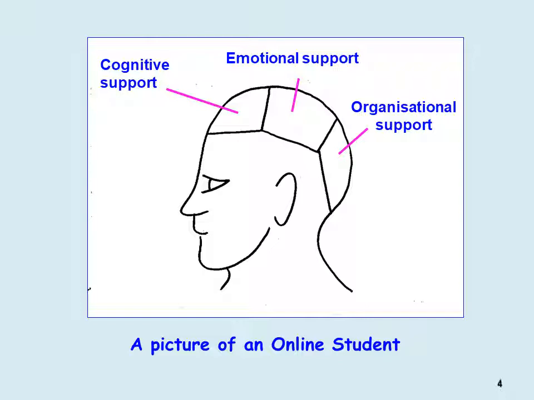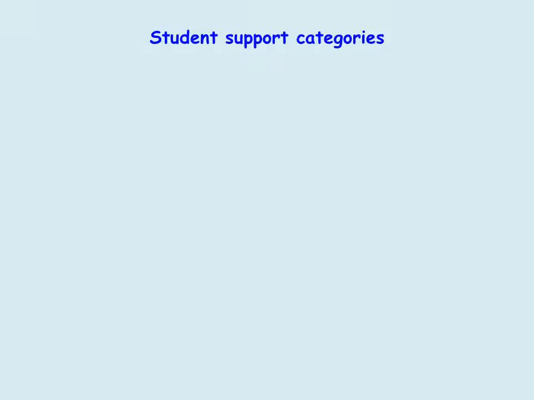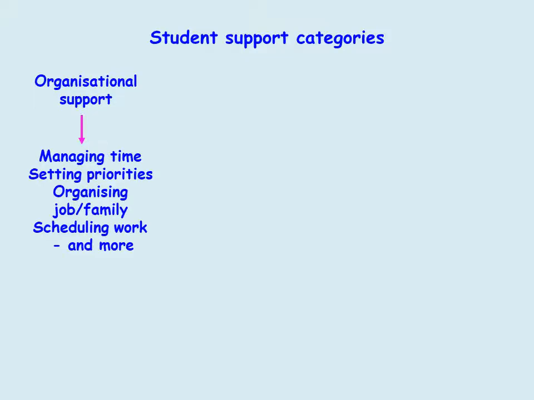So, what do I mean by cognitive, emotional, and organizational support? Well, organizational support is all about helping students organize their studies, managing their time, setting their priorities, organizing their job or family responsibilities, scheduling their work, and so on.